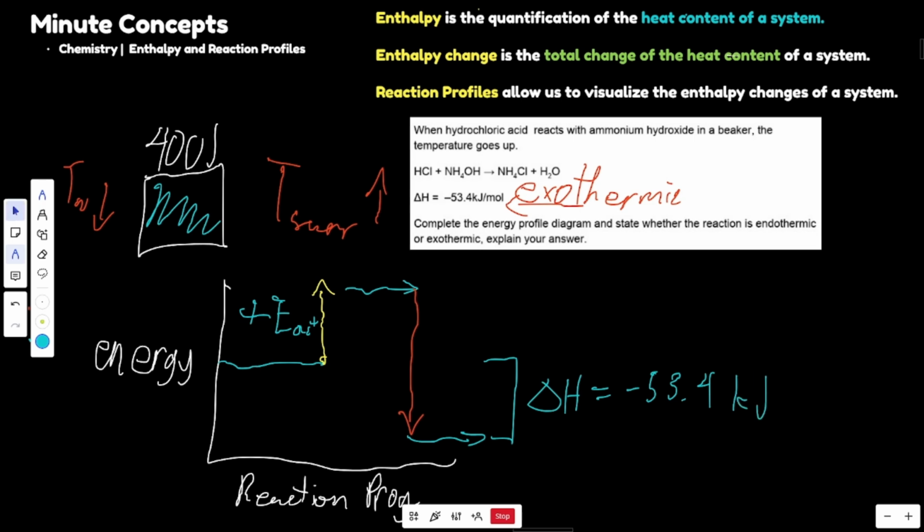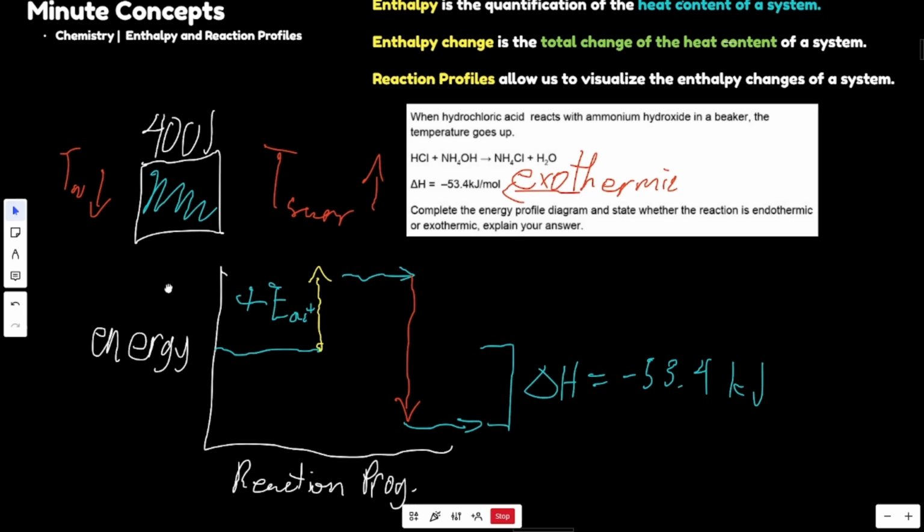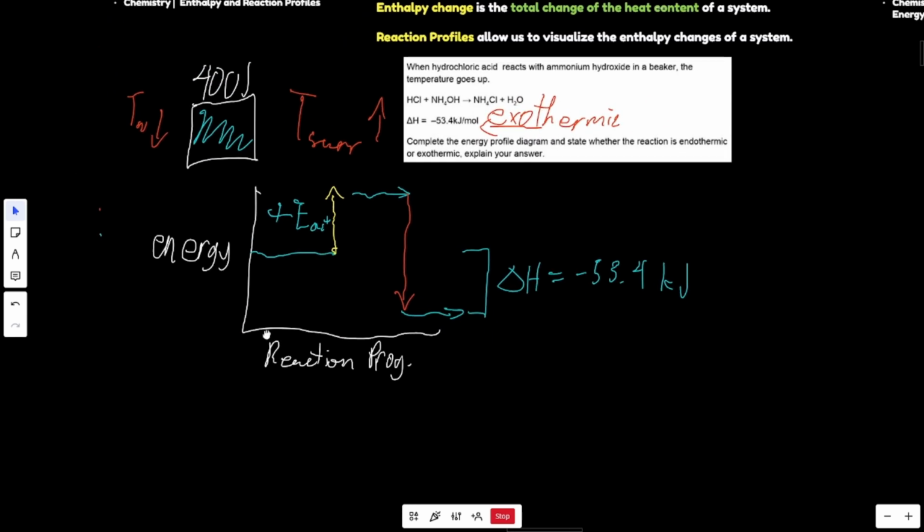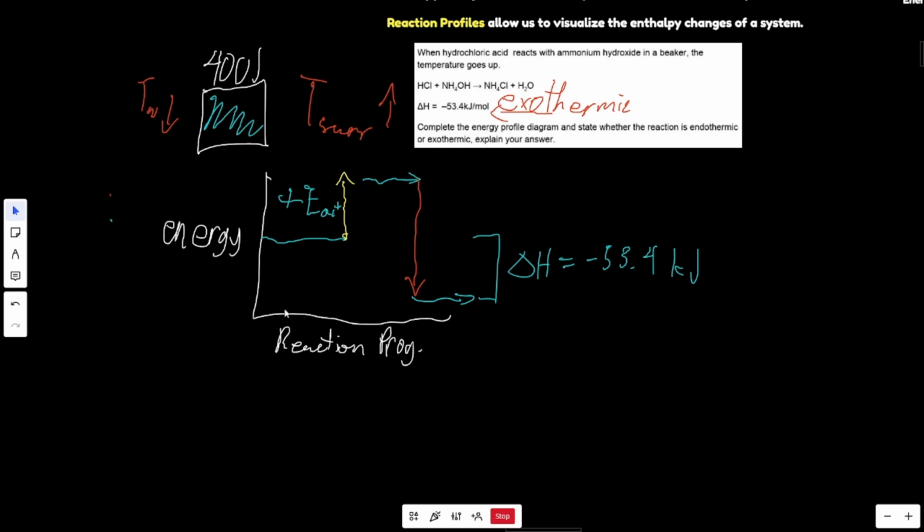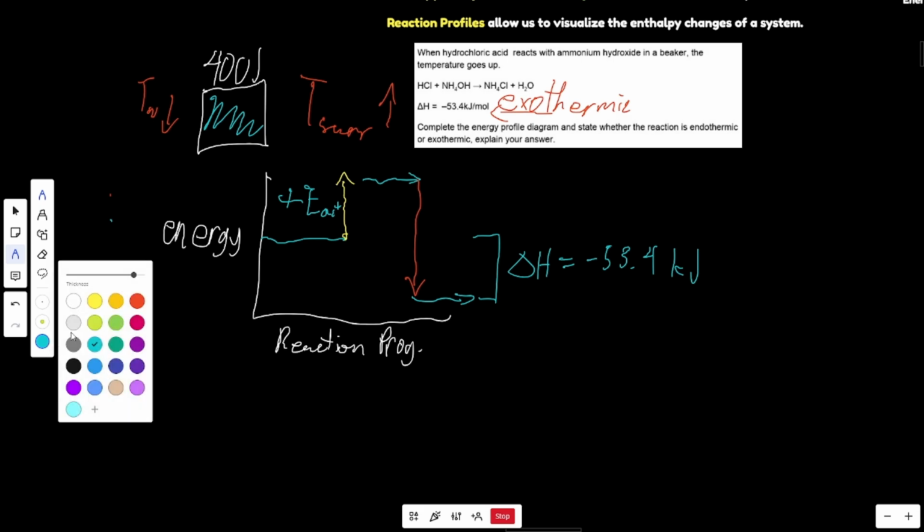Now, how about an endothermic reaction? It would be quite opposite. Excuse me, the reaction profile would look like this. Hold on, let me draw a new one.